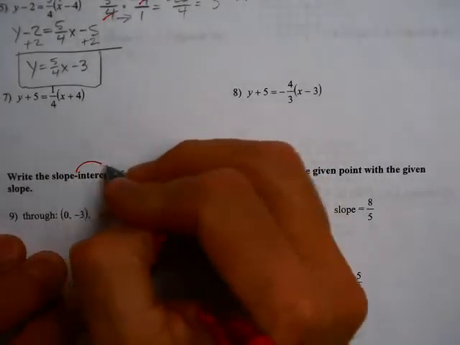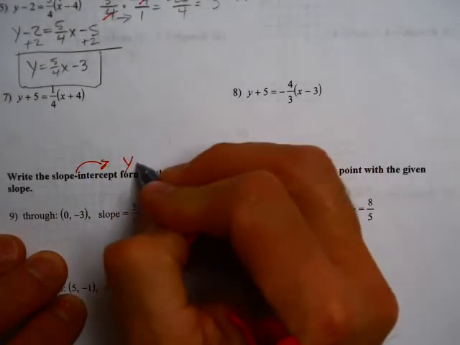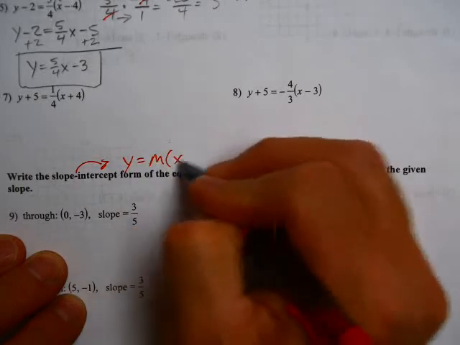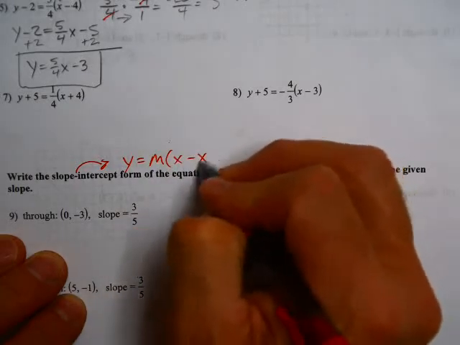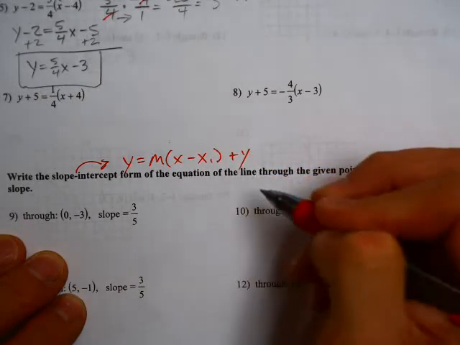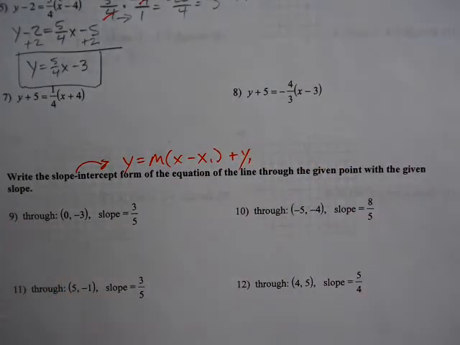Better write this down. We've already written it before, but the more you write it, the more likely you are to remember it. y equals m times (x minus x1) plus y1. If you have it on your paper, you don't have to go looking for it.